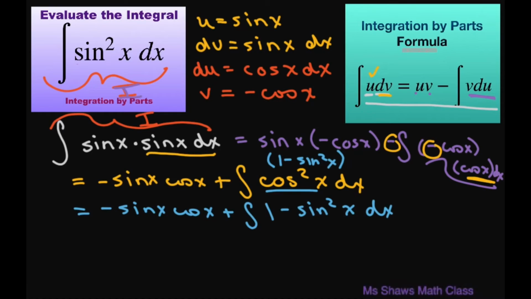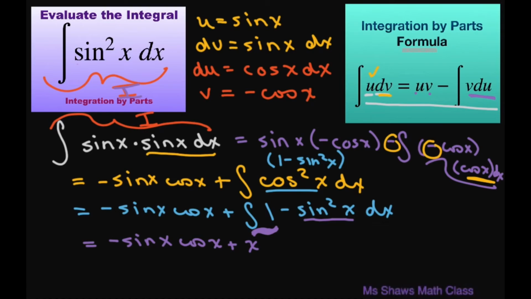Now, splitting this up, I'm going to integrate the 1, but not the sine squared. So basically, this is going to give me negative sine of x cosine of x, and when you integrate the 1, that's going to be plus x.